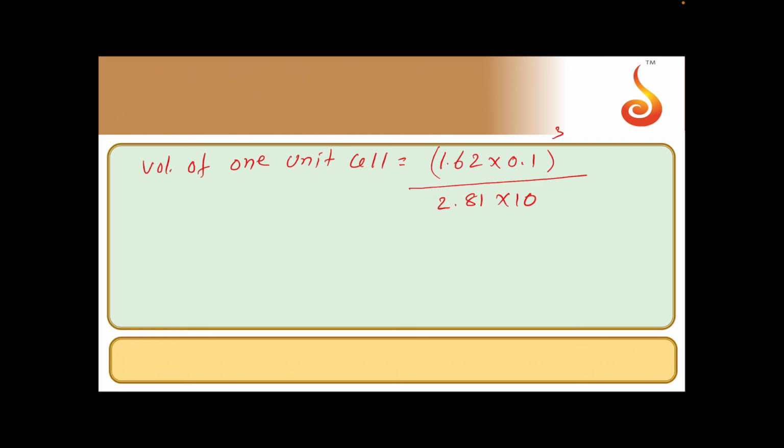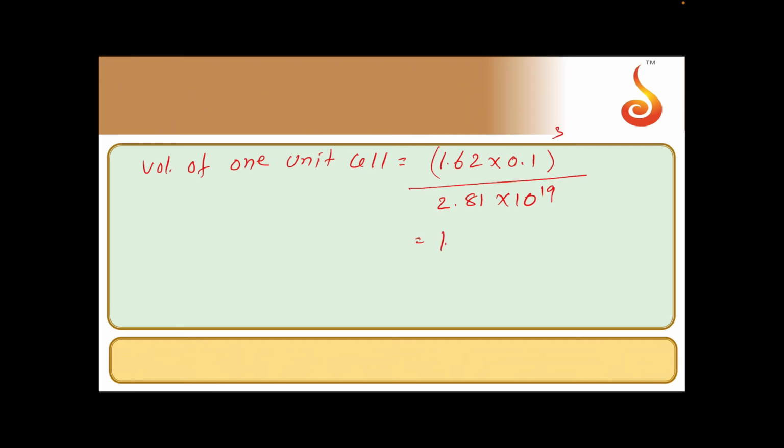Now we require the volume of one unit cell: the total volume of the entire crystal by the number of unit cells, 1.62 into 0.1 whole cube by 2.81 × 10^19.